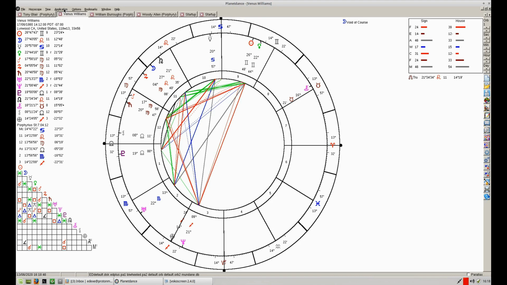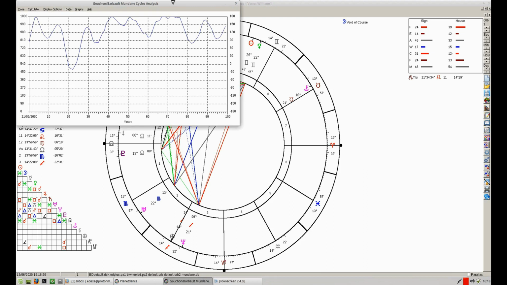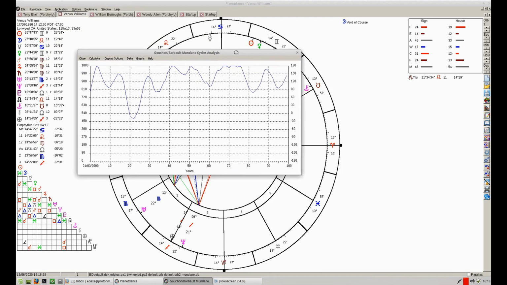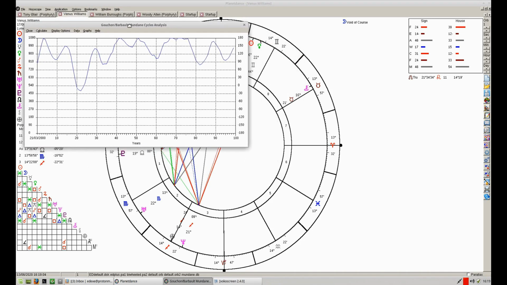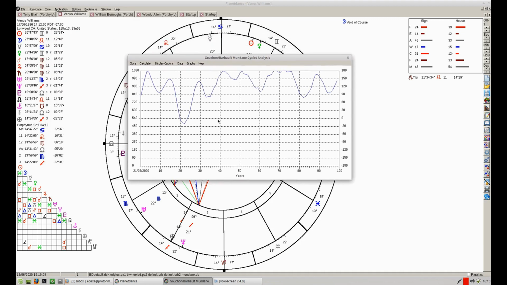You can find the module in Time, Tools, Gouchon, Barbault, Mundane Cycles. This will bring up the main window for the cycles analysis, and when you first open this script you will see this screen.